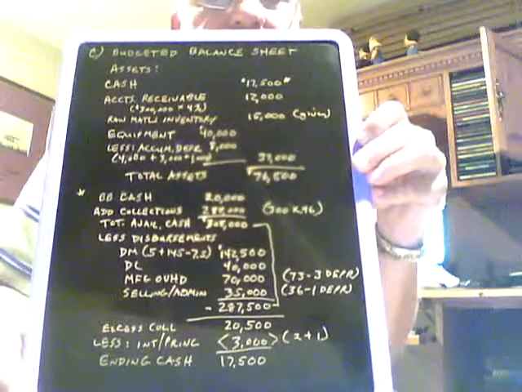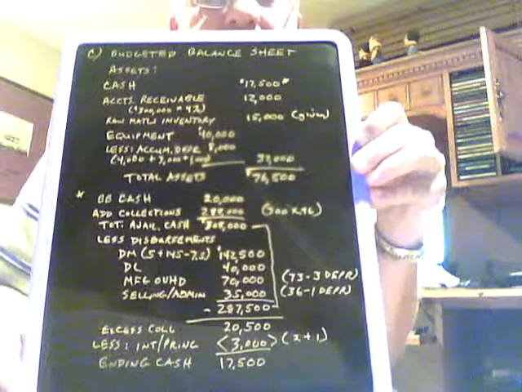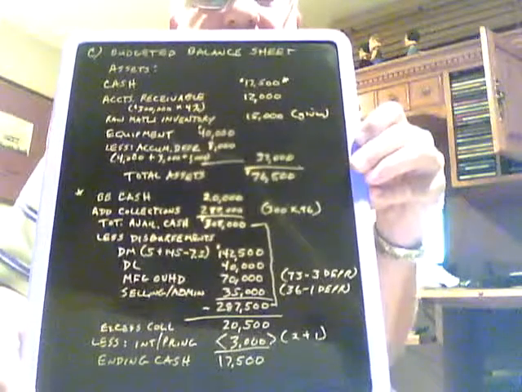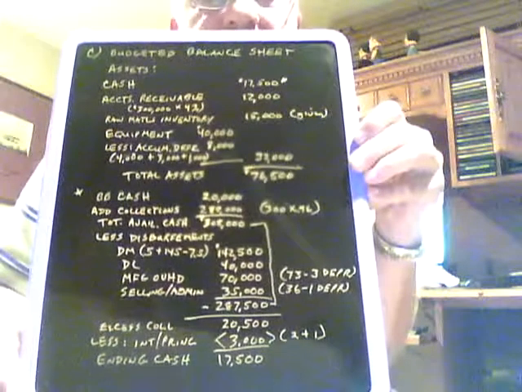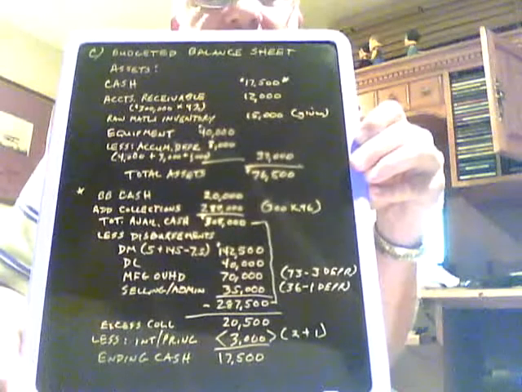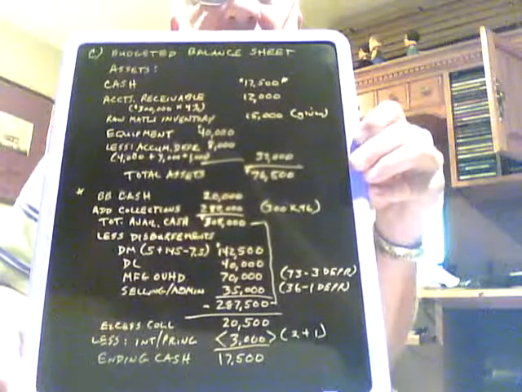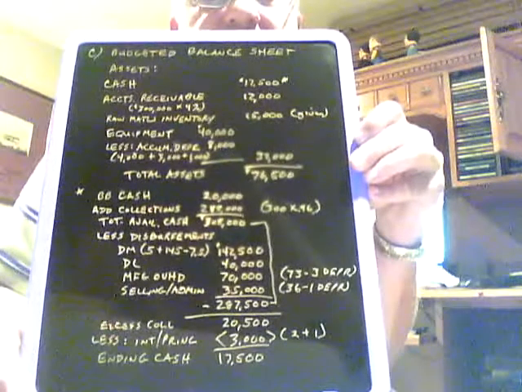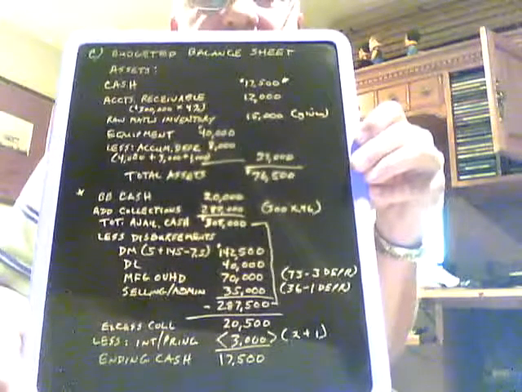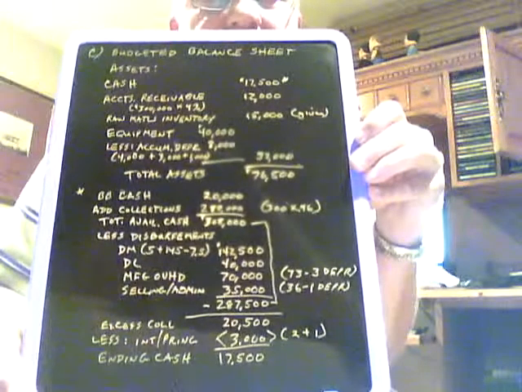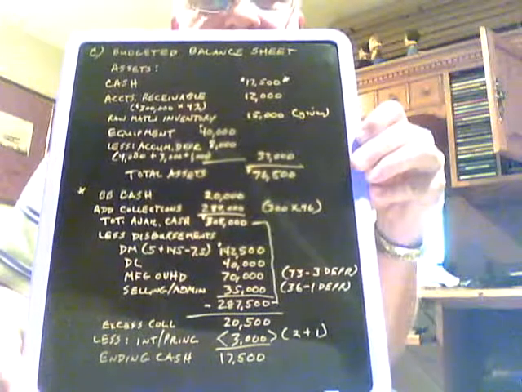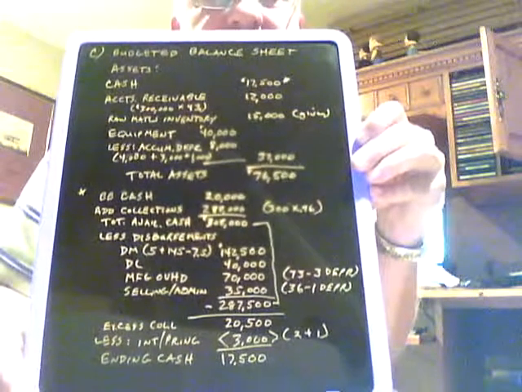The direct labor, it was assumed that the labor and overhead and selling and admin expenses were all dispersed in total during the year. That's a reasonable assumption. Note that the manufacturing overhead of 70,000 takes out that 3,000 of depreciation that was included, because the depreciation again is a non-cash expense. The same with selling and admin.